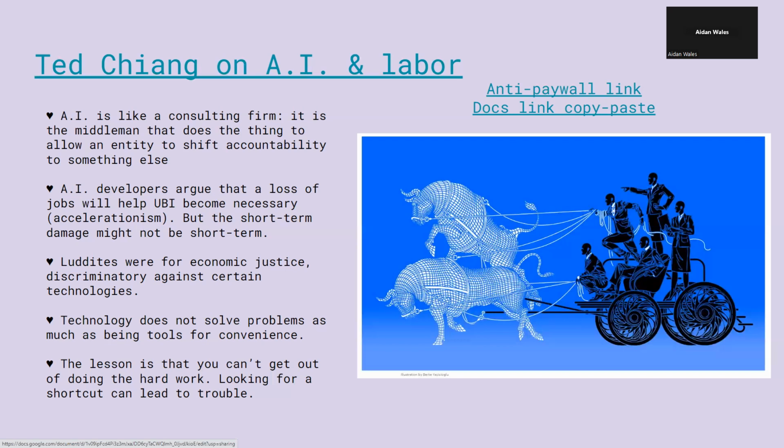Also, some AI developers are trying to be accelerationists. Accelerationism is a school of thought where basically you just want everything to become better and quicker. Forget the consequences, right? Because at some point everything will crash, and then that'll force change to start.